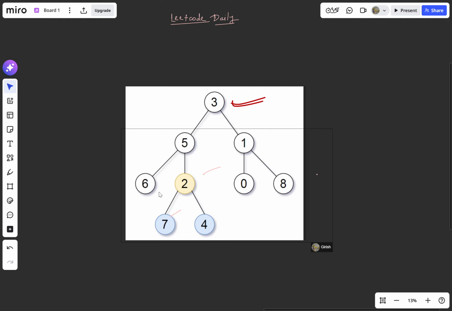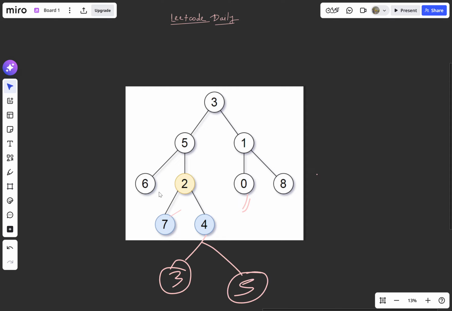Now let's take another example, where we modify this example. This 4 contains its children 3 and 5.